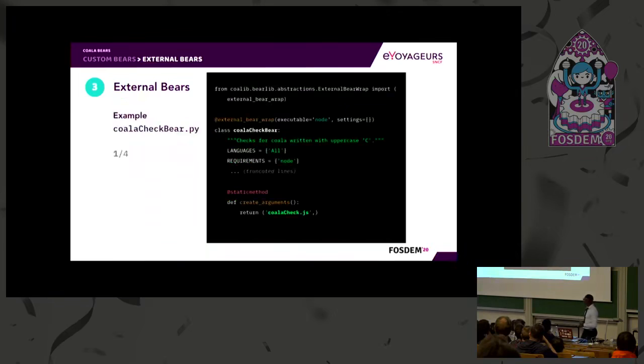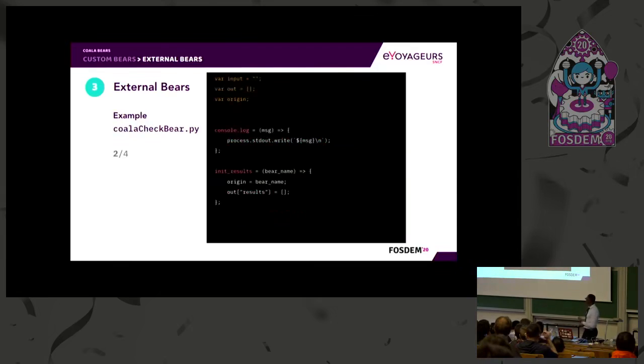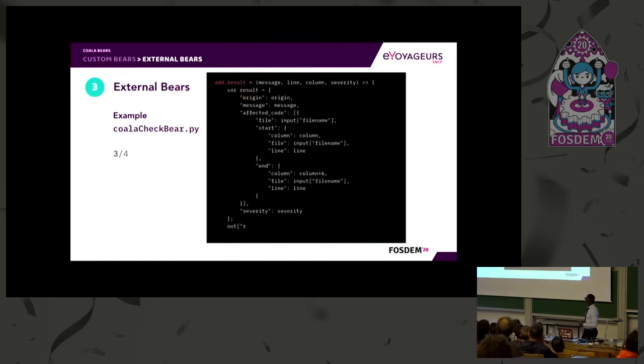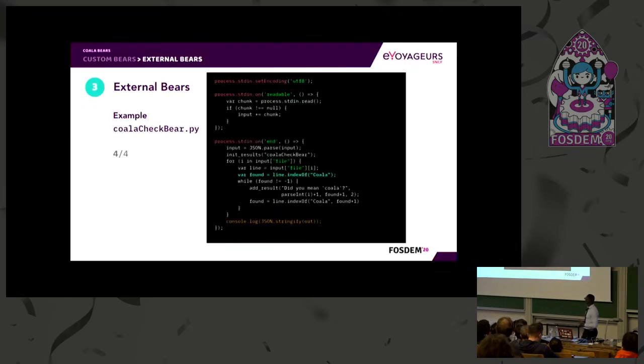As an example, I create a beer. I wrap my tool using Node. I create my script in Node.js. And after that, with my add result, I produce the JSON wanted for my tool to be considered as a beer. Like this. I should use console log to output it as JSON.